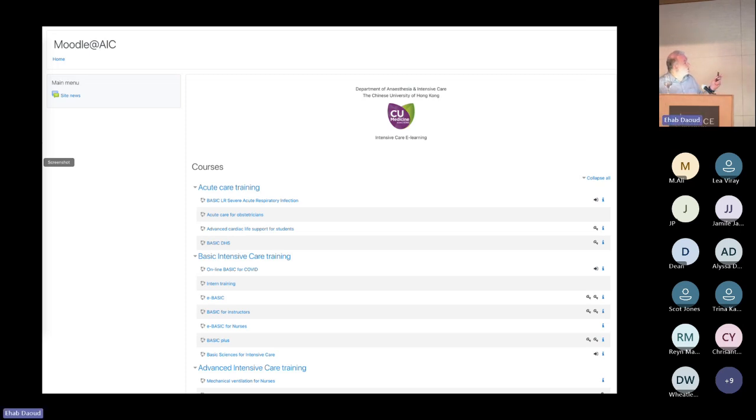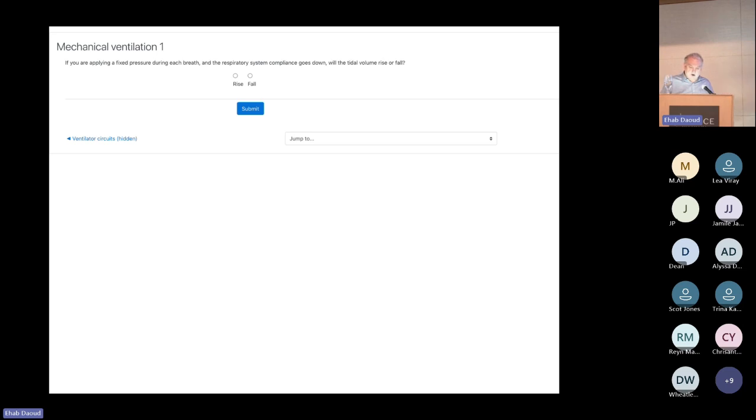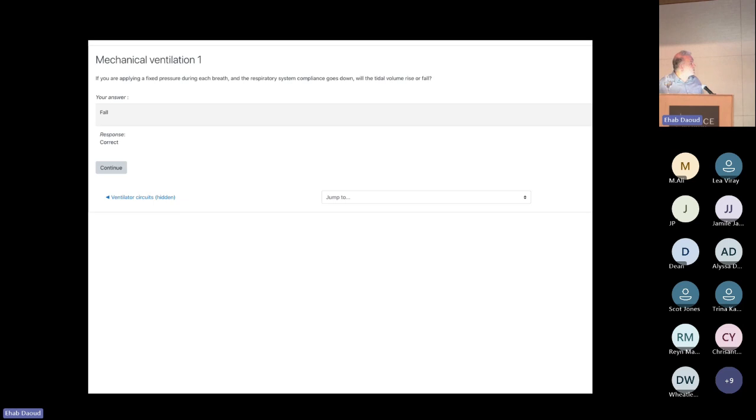The online version allows us to provide questions and answers in a more detailed way. It's reactive: you're asked a question, say yes or no, and it tells you whether you got it correct or not. If you get it correct, you move on.